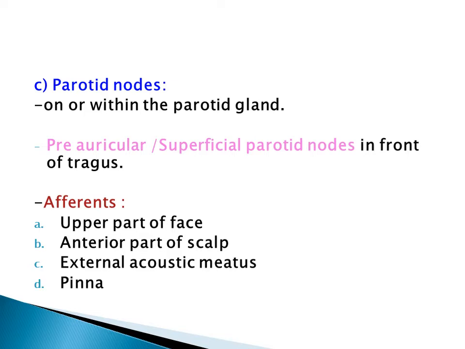They drain the upper part of the face, so the area that is related or close to the parotid gland. Upper part of the face, anterior part of the scalp, then close to the ear, so external acoustic meatus and the pinna. These are the areas which are drained by the superficial or the preauricular group of parotid nodes.